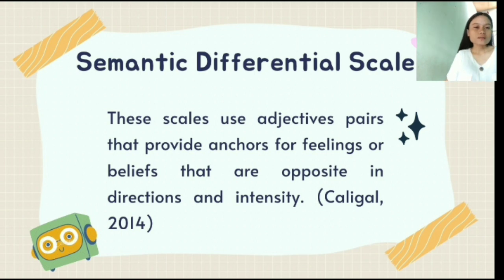Also, in addition, based on what Kajigal said, in this semantic differential scale, a student should place a check between a pair of adjectives that describe the positive or negative aspects of the trait.